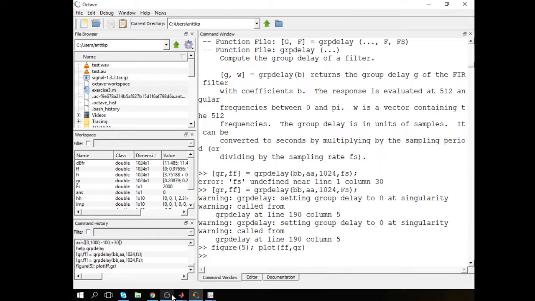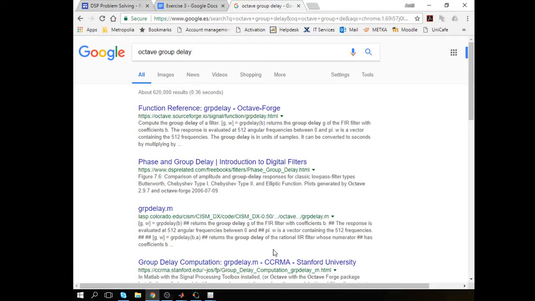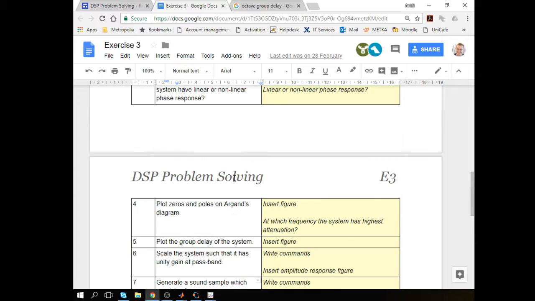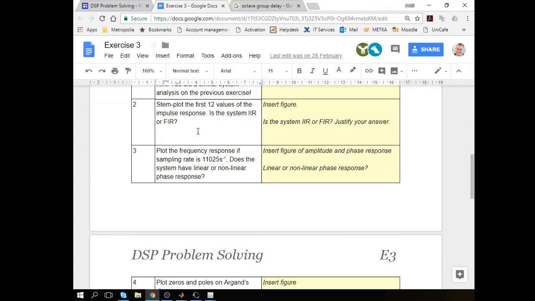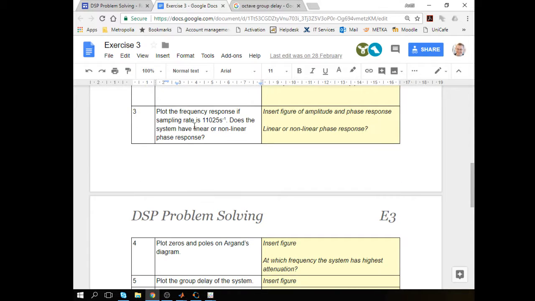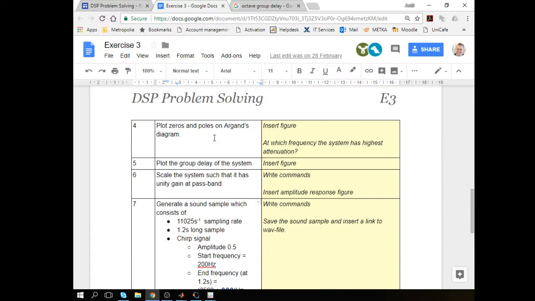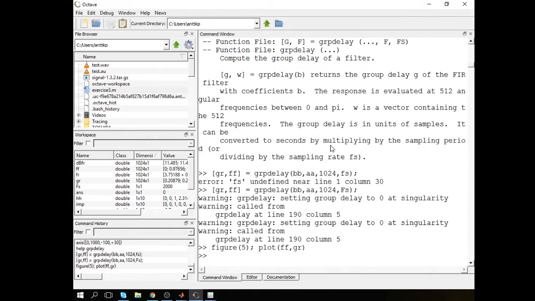let's see. Let me go fast and see what I have done here, what kind of damage I have done here. So, stem plotting the impulse response, plotting the frequency response, zeros and poles, at which frequency the system had the highest attenuation, so you need to actually find the frequency.